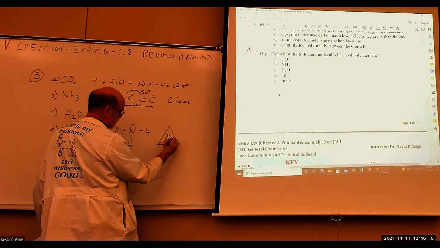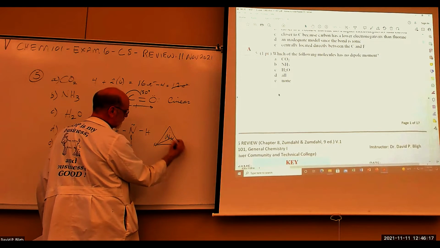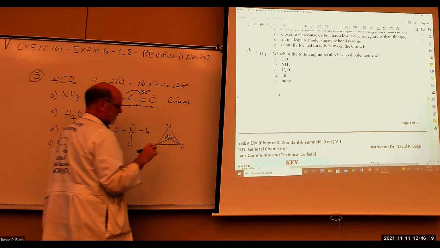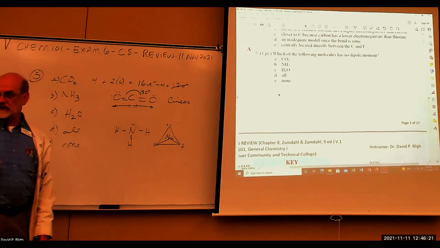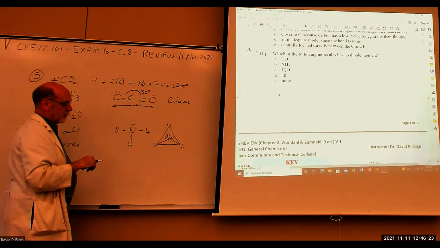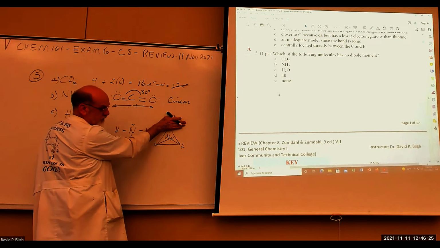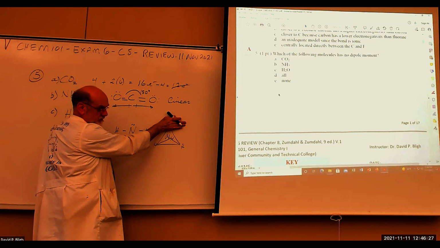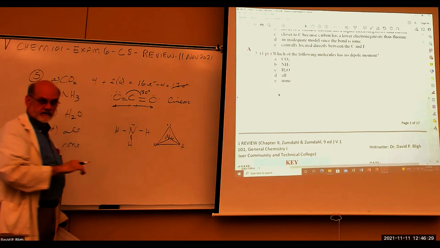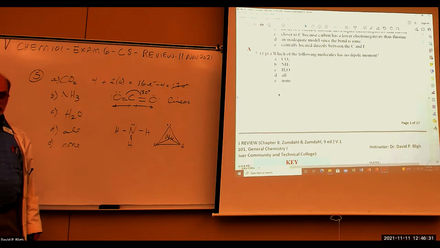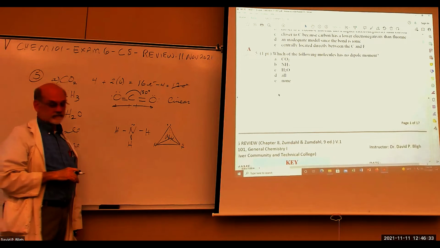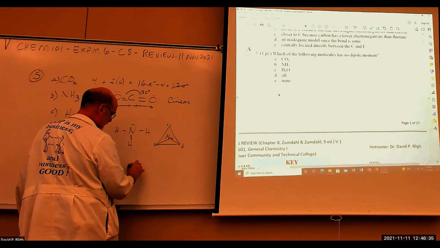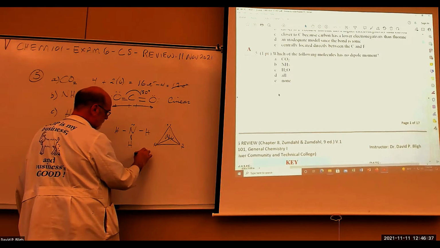And we have a hydrogen back here, a hydrogen here, and a hydrogen here, and the lone pair up there. So there's your electronic tetrahedron. But if we cover up that lone pair, what's the molecular structure? The molecular structure is a trigonal-based pyramid. So that's why I started to draw it like this.